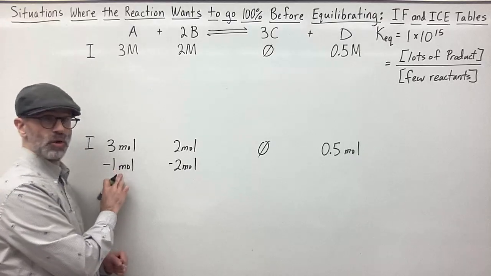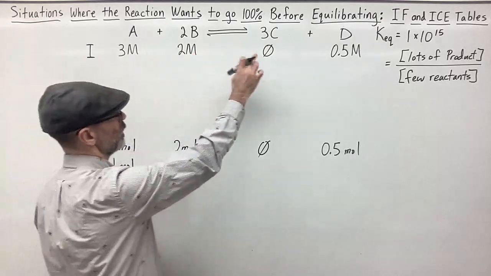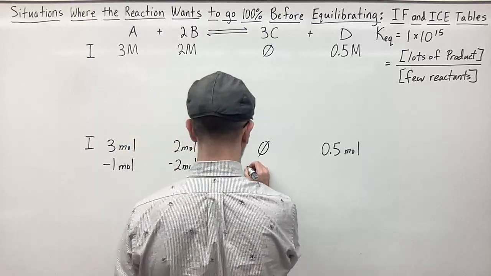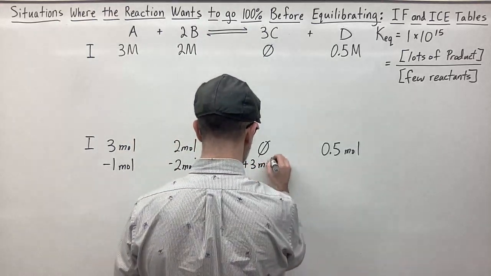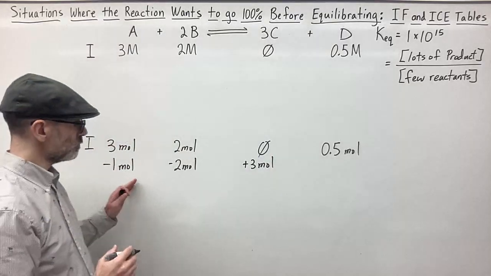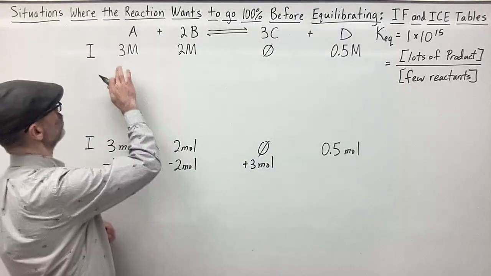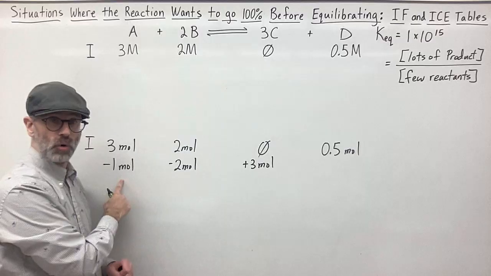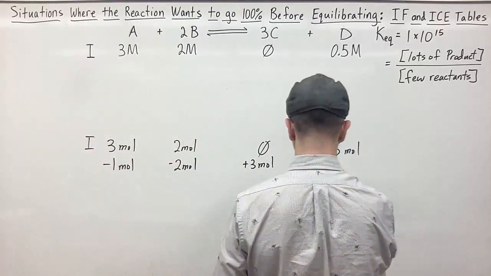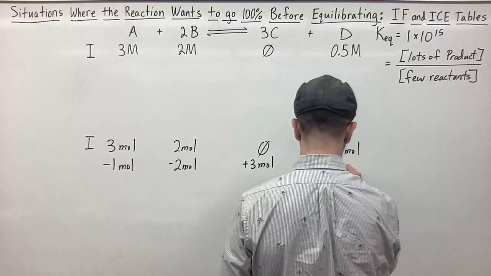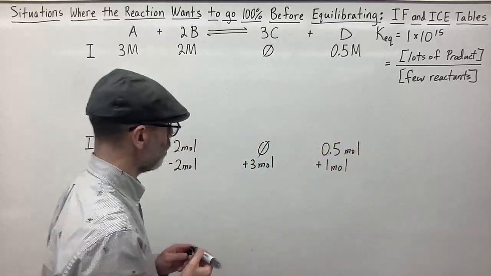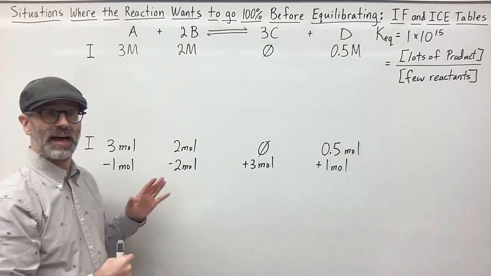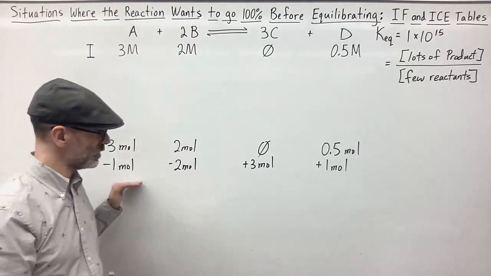If I lose 1 mole of A, and there's a 1 to 3 ratio here, then I'm going to gain 3 moles of C. And since it's a 1-to-1 ratio between A and D, if I lose 1 mole of A, I will gain 1 mole of D. So now I've figured out what I'm going to lose and gain stoichiometrically, assuming that everything reacts and goes this way.